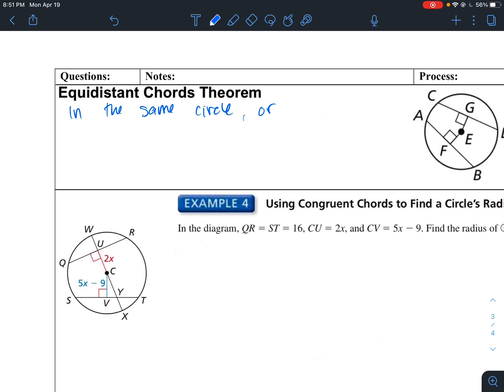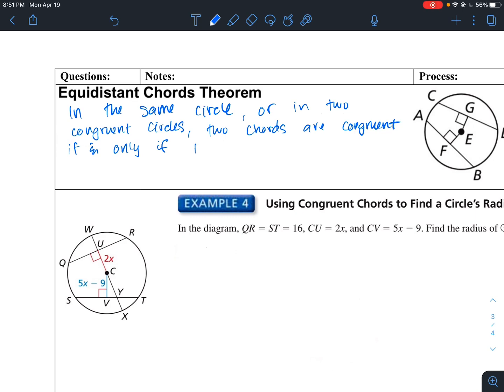So in the same circle or in two congruent circles, two chords are congruent if and only if they are equidistant from the center.